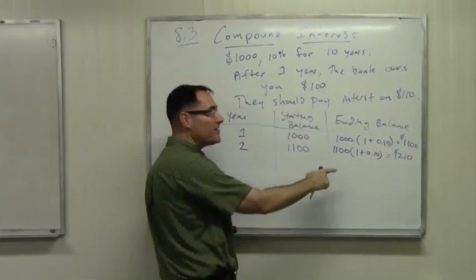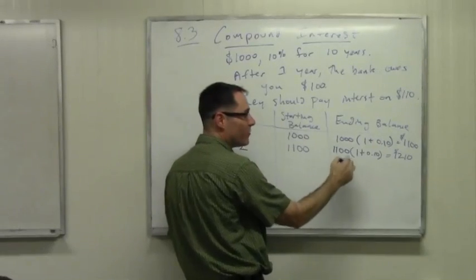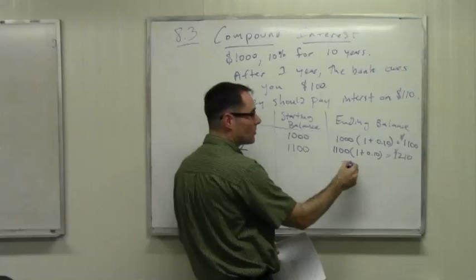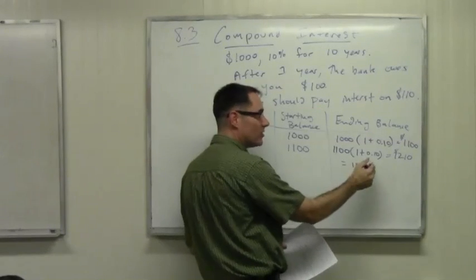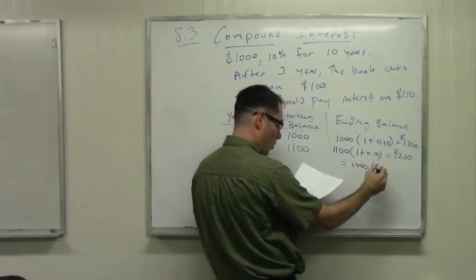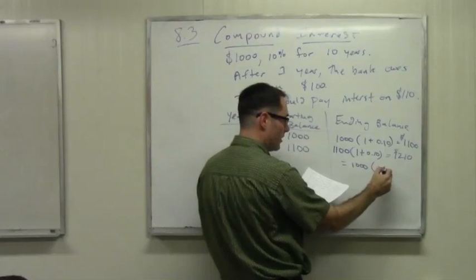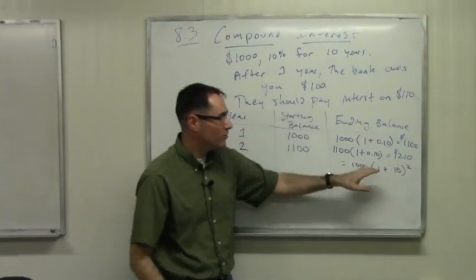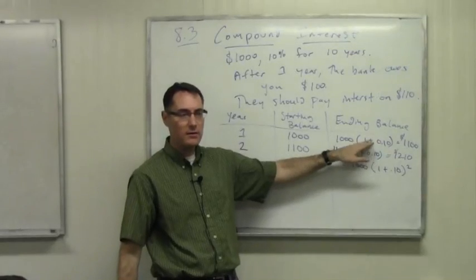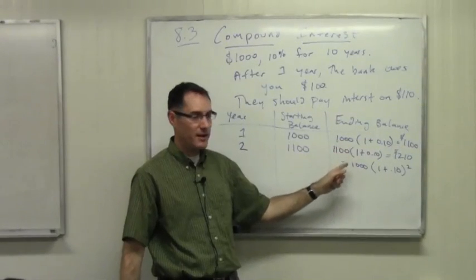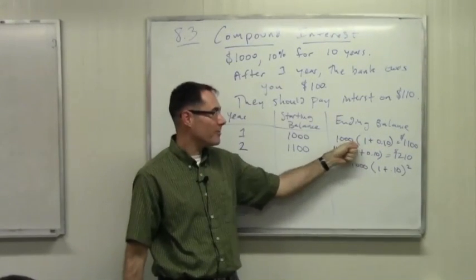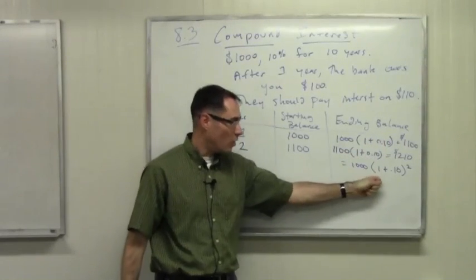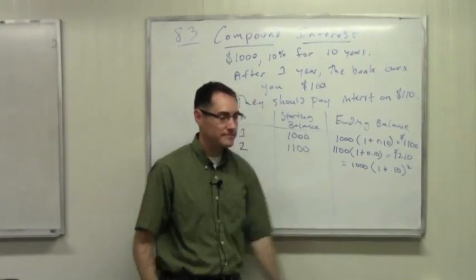What this actually means is if we go back and use the original value, it's $1,000, the original, times 1 plus 0.10 squared. Because didn't we do 1.10 twice here? And we multiplied it by the original amount? It's basically what you did. You did the original amount times that value again, which is 1 plus 0.10 squared.